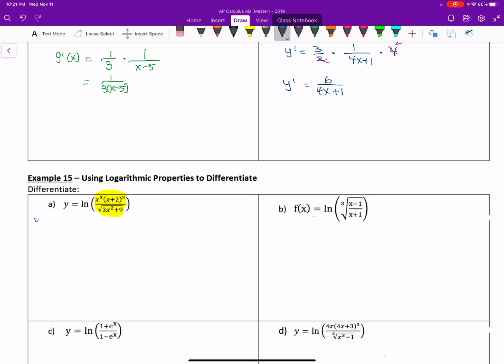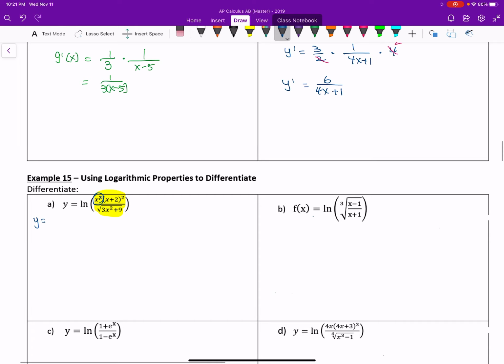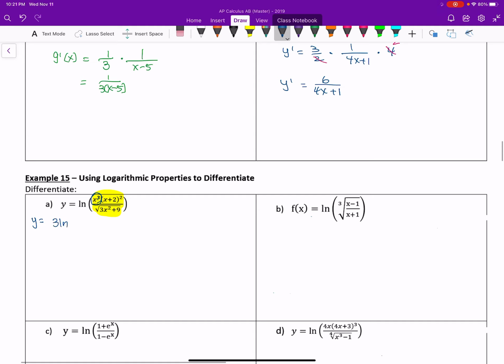So then the question is, do you remember those? Remember, in the numerator produces positives. The exponents can be pulled out in front. So the first term, which is x cubed, can be rewritten as 3 natural log of x, then plus, once I expand the logarithm, I can pull out the exponent 2 in front, the natural log of x plus 2.